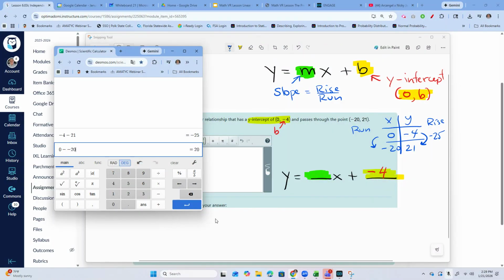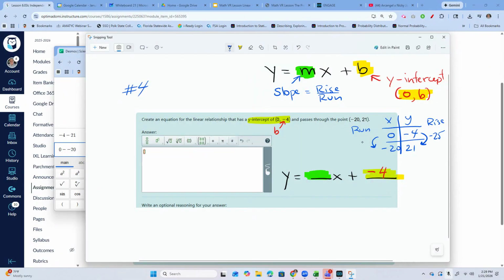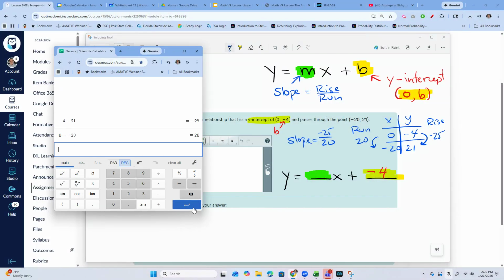And you can see I got 20. So what will be my slope? The rise, -25, over the run, 20. Now use the calculator to simplify your slope. So look, I'm going to type it in. 25 over -20. Now you get a decimal, click on the circle.